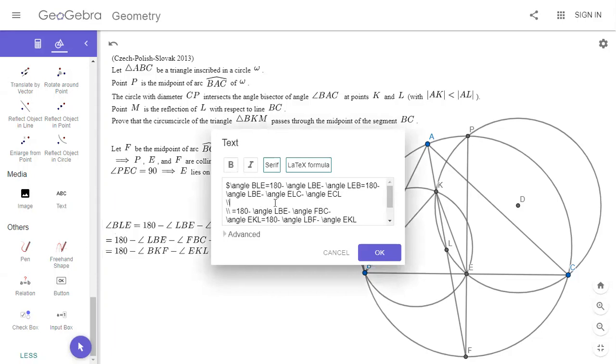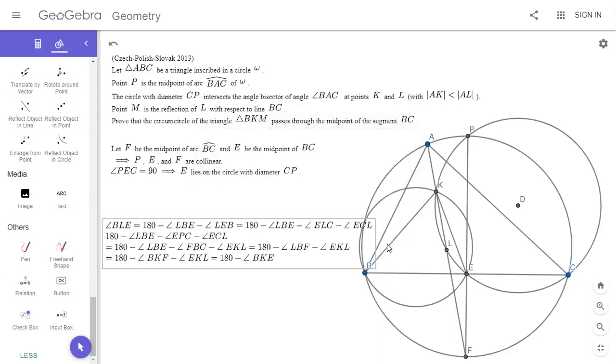So I'm just going to rewrite this as EPC. Okay, and EPC is FBC, and ECL is EKL.